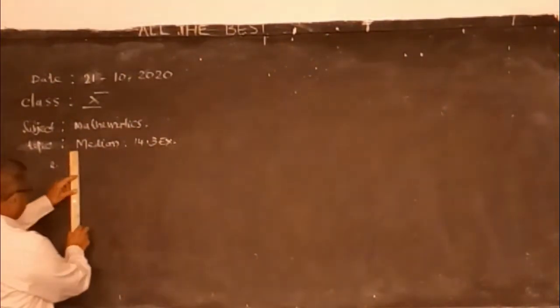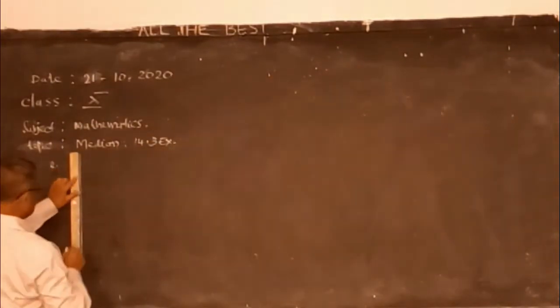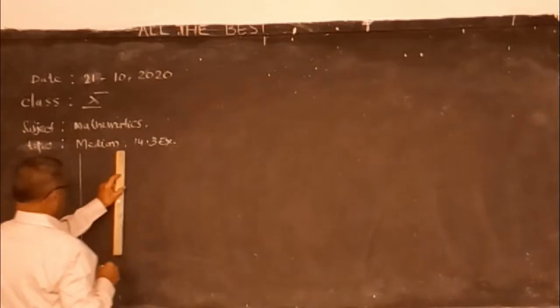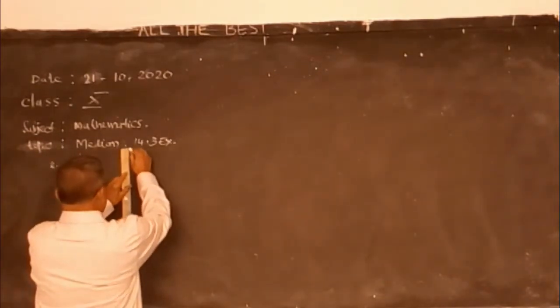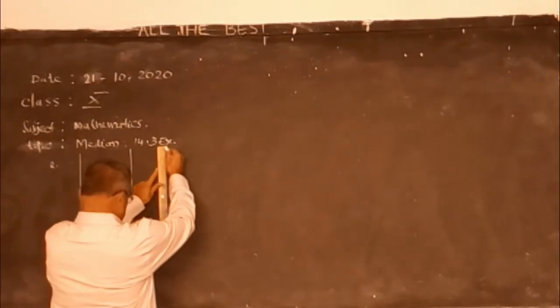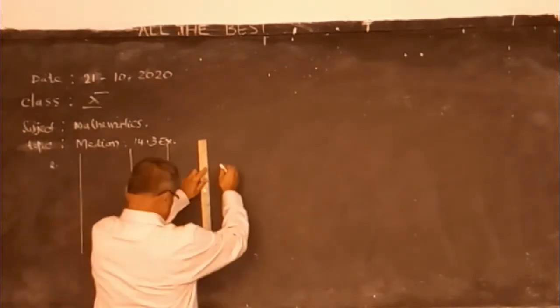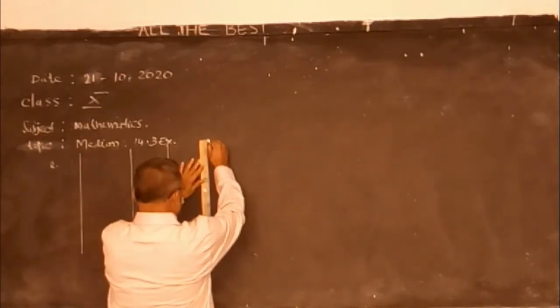Class interval, frequency, and cumulative frequency. Three columns. Cumulative frequency.